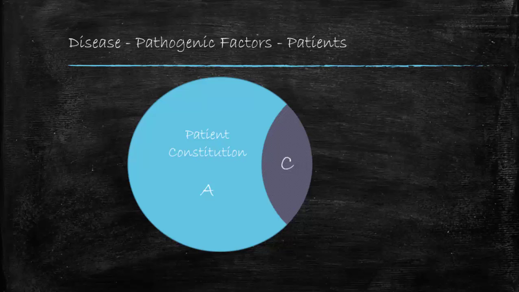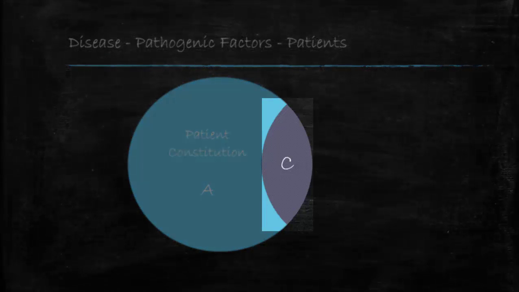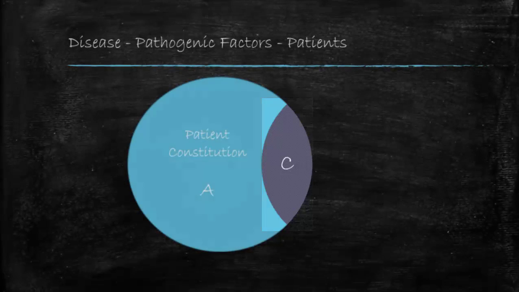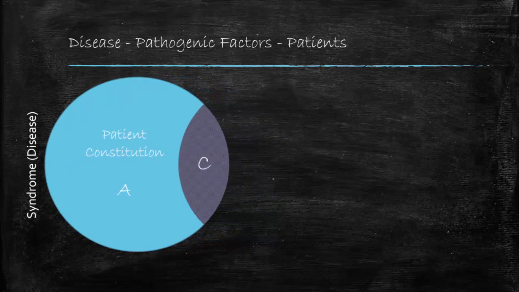But in Chinese medicine, we do not just focus on the C. We actually treat the entire patient. At least we should have a holistic view of the patient. Yes, we want to treat the disease and syndrome, and that's probably our first and foremost objective, because most likely that's the patient's primary complaint.